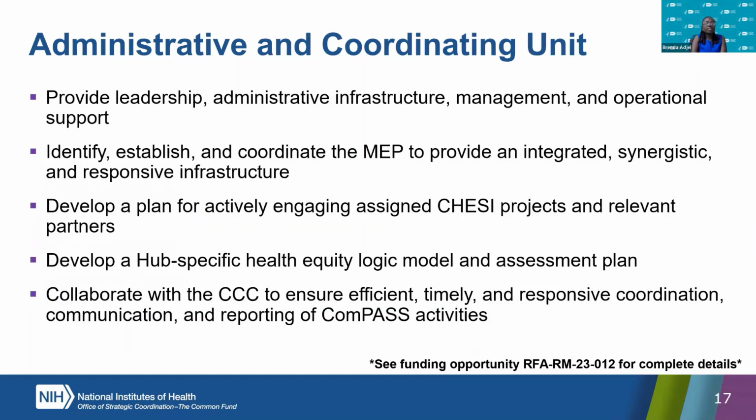So here are some of the key functions of the administrative and coordinating unit. Please note that these elements are not exhaustive. You should refer to the NOFO for a complete list of the expectations for this unit.